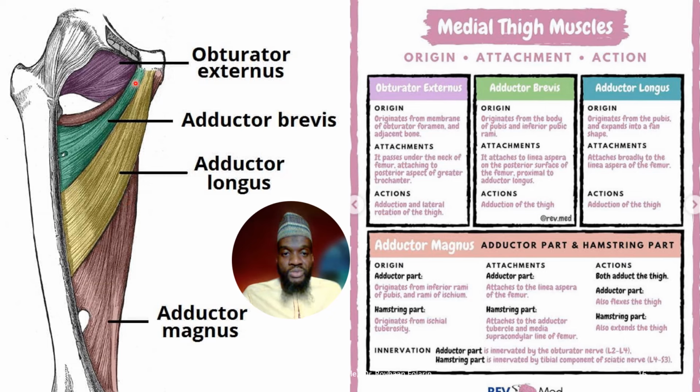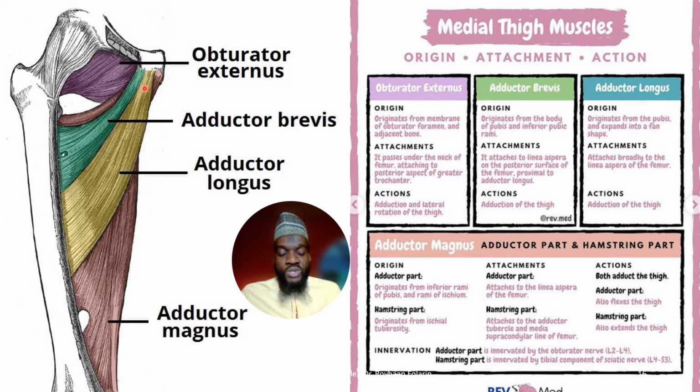That hamstring part originates from the ischial tuberosity behind, while the adductor part is the part you find in the medial compartment. It originates from the inferior ramus of the pubis, as well as the ramus of the ischium.